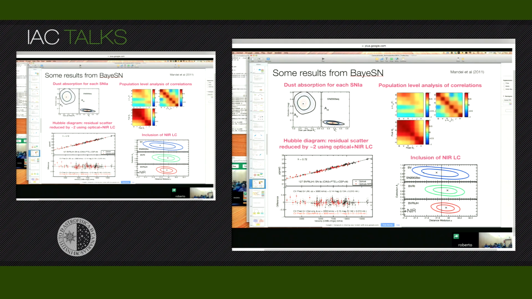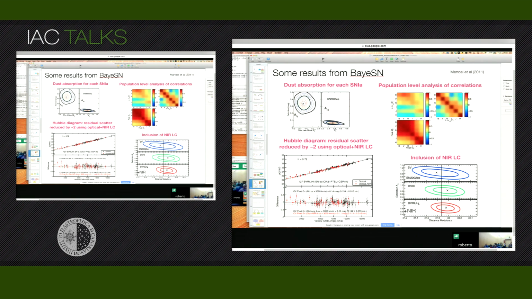You can see that here for one specific object, with the posterior distribution for the distance modulus of that object versus its extinction. The distance modulus determination is fairly uncertain if you use only two optical bands, B and V. It becomes better if you include R and I information, and it's vastly improved once you include infrared information, the J and H bands.